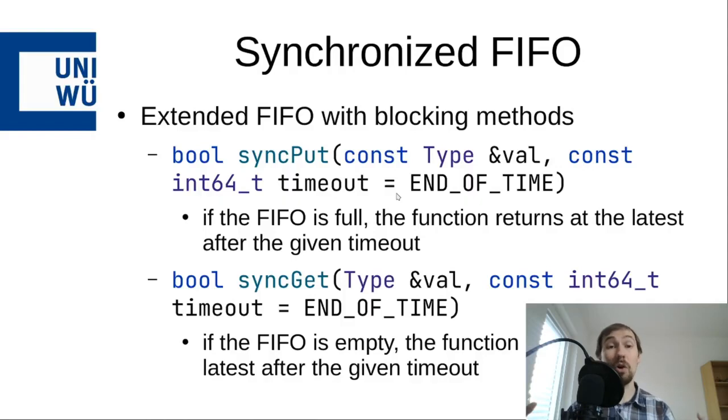Those two methods are called sync put and sync get. The signature of those methods has changed a little bit compared to the non-sync variants. Both methods have an additional parameter called timeout. It has a default value of end of time, which means it could wait forever if it's not resumed otherwise.